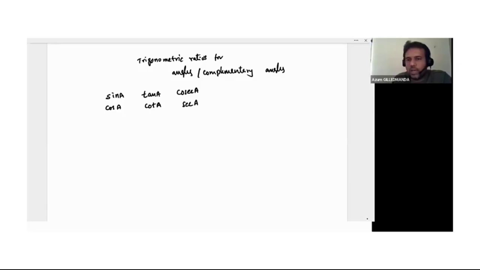So let me draw a right angle triangle here. Okay, so this is the right angle triangle, right angle at B, and this is A, and this is C, and the angle A is here.